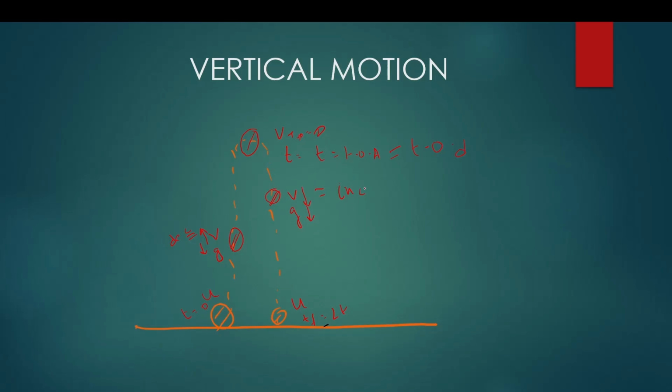So the total time of flight T_f equals the total time of ascent plus the total time of descent. You can see that the maximum height, at which the velocity becomes 0 at the topmost position, is taken as h max.